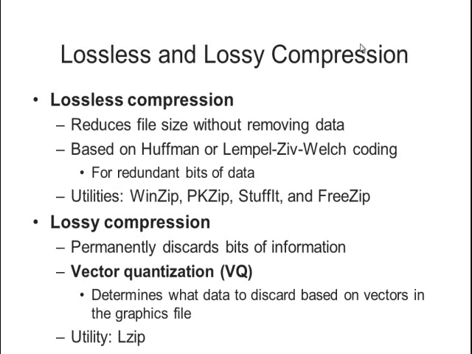Lossless compression reduces the file size without removing data, based on Huffman or Lempel-Ziv-Welch coding for redundant bits of data. In other words, if there are 2 ones or 2 zeros or 5 ones or 5 zeros next to each other in the binary format of this file, it would just reduce those number of zeros to shorten the file.